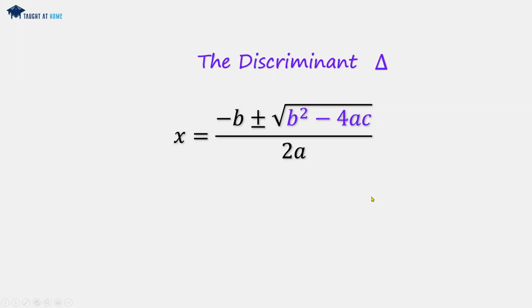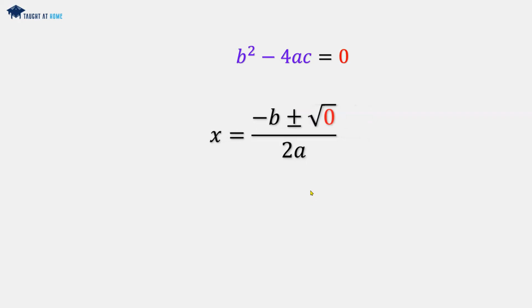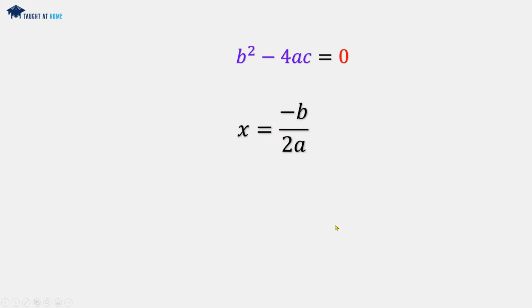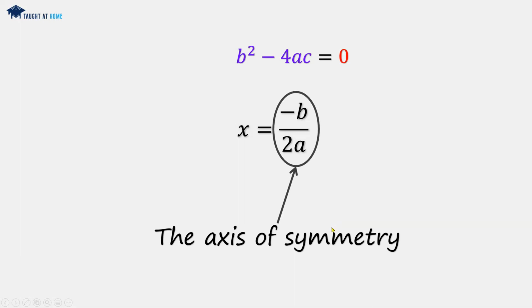And so when the discriminant b squared minus 4ac equals 0, this whole term under the square root will equal 0, and the square root of 0 is of course just 0. So what we're left with is this minus b all over 2a. Now this minus b all over 2a, this is the axis of symmetry.